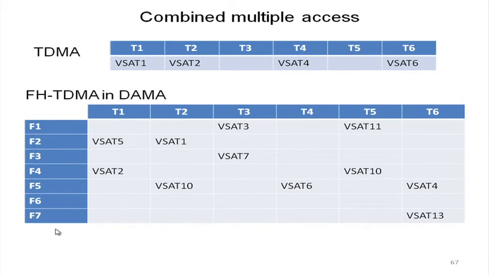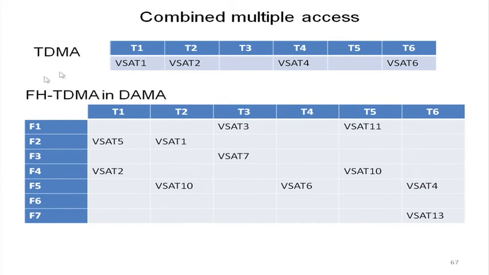There are 7 frequency bands here, or small spectrum bands. It is assumed that VSAT data is very small, so after modulation you take a very small amount of bandwidth and time is spread. Depending on which slot is available in this time-frequency matrix, the central station will allot. So it is on demand: a particular VSAT wants to come in, it demands, and depending on the availability of the slot, it is placed randomly.